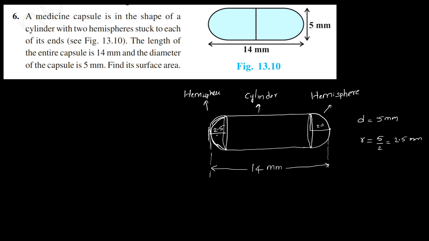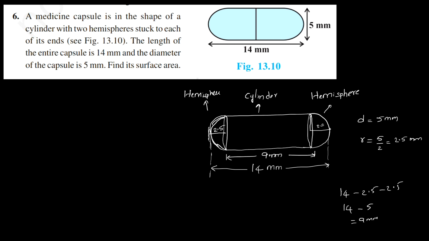Now ఇది 2.5, ఇది 2.5. సో ఓవరాల్గా 14లో 14 minus 2.5 minus 2.5, that means 14 minus 5 will give you 9 mm. That is the exclusive height of cylinder. 9 mm is the exclusive height of cylinder.